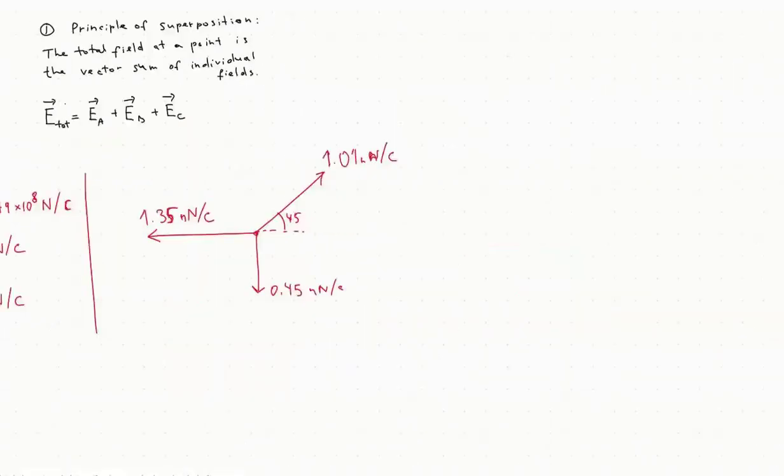Now here, I'm going to split this vector into components and saying, okay, so that is 1.01 divided by root 2. So that's 0.714.